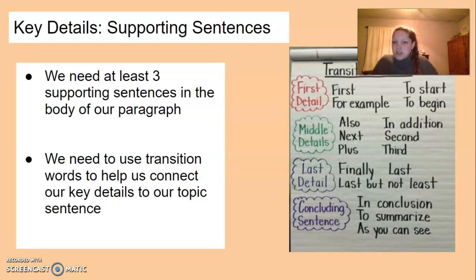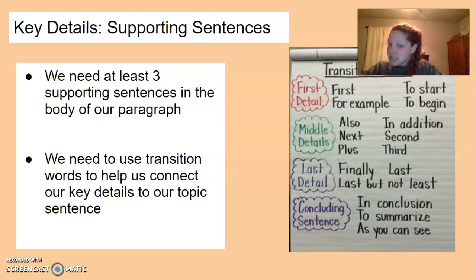I used first when I wrote about Brian. In the middle detail, or the second supporting sentence, the second key detail, we can use words like also, next, plus, in addition, second, and third, if you have more than three key details.